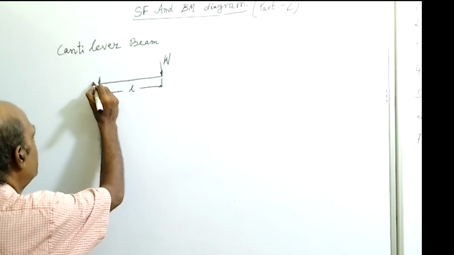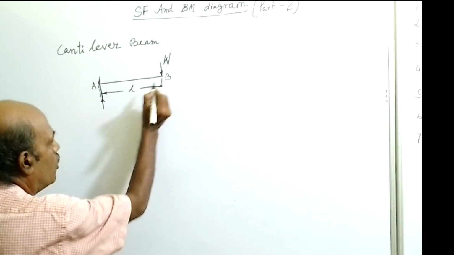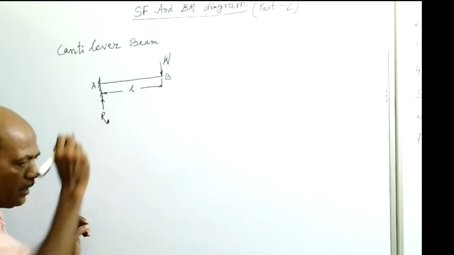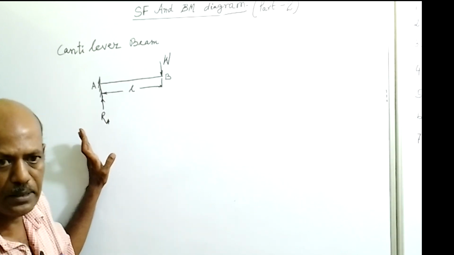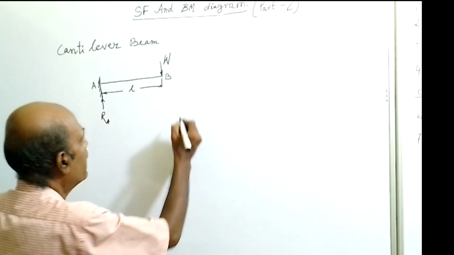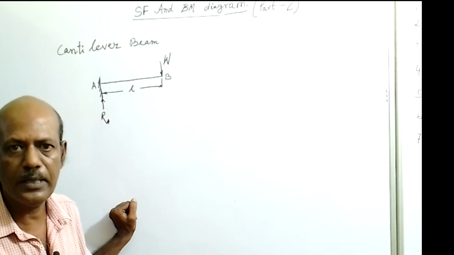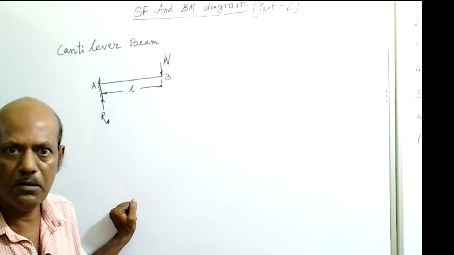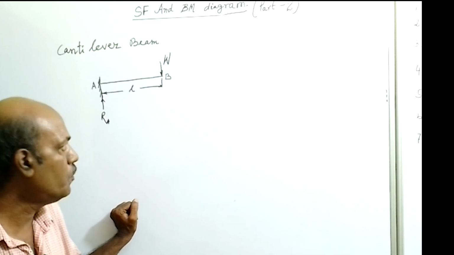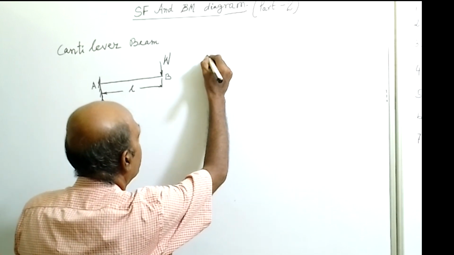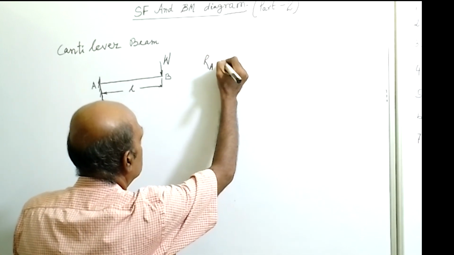Let the name of the beam be AB. We give the reaction as RA. RA develops because the vertically upward and vertically downward loads must be equal as per the static equation, since the beam is in equilibrium. So W will be equal to RA, and we can write directly RA is equal to W.